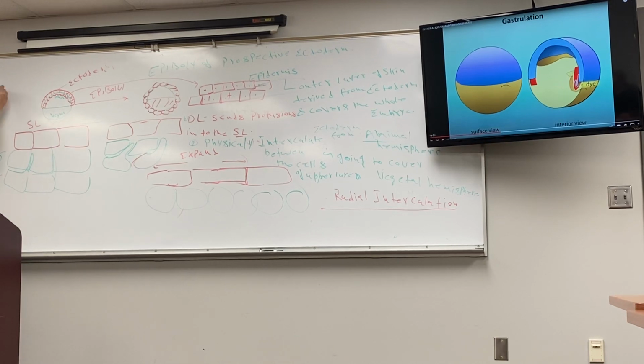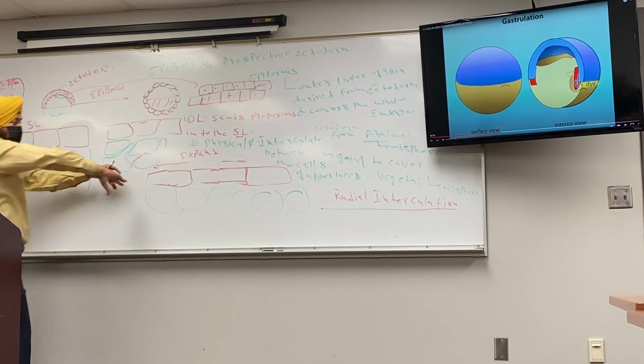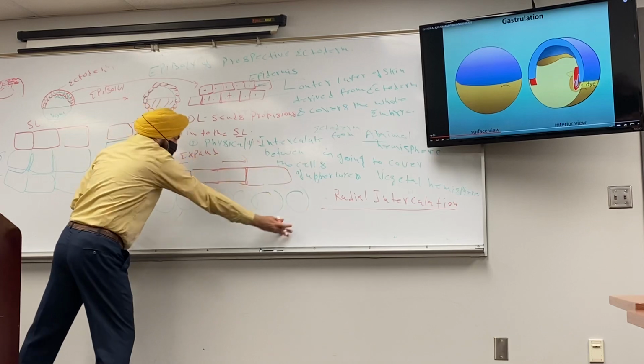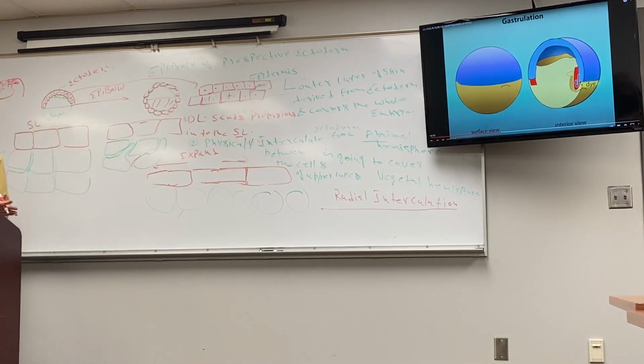Now you become 20 cells. Now what you're doing is entering into the other layer, and you're expanding also. So when 3 layers become 1 layer, you're expanding it, making sense or not? Do you understand what I'm trying to say?